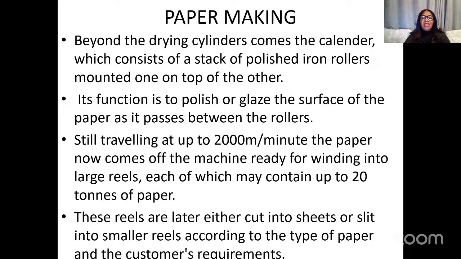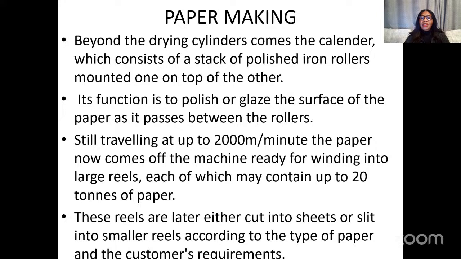So still traveling at up to 2,000 meters per minute, the paper now comes off the machine and it is ready for winding into large reels. Maybe you have seen the reels of paper where they are sold.